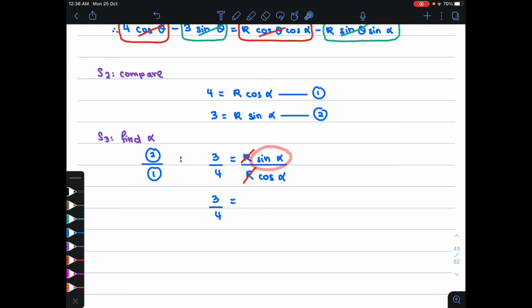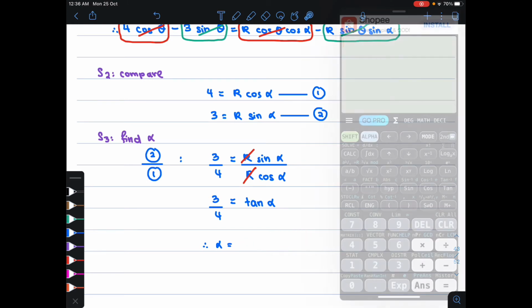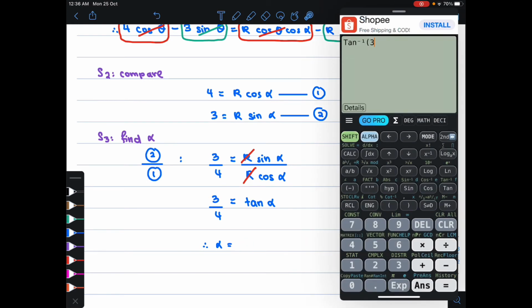Sine alpha divided by cos alpha will give you tan alpha. Therefore, alpha is tan inverse 3 over 4. Just use your calculator: shift tan 3 over 4, and the answer is 36.870. Write your answer in 3 decimal places.